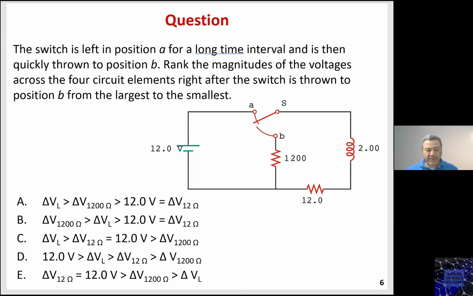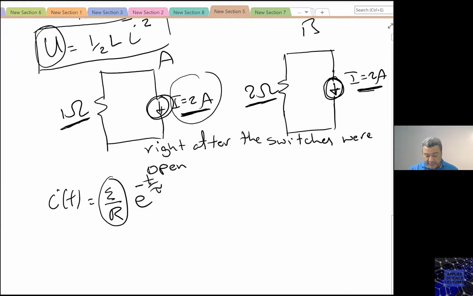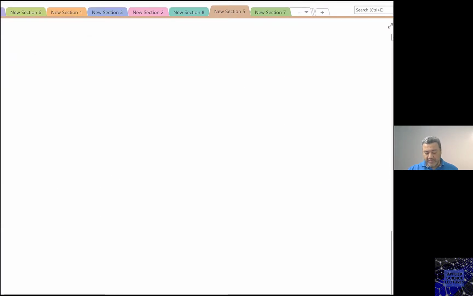So the question here is asking us to rank the voltages in those components. Now let's draw the circuit when the switch was at position A. Because it was at position A for a long time, we want to see what information we can get out of the circuit.